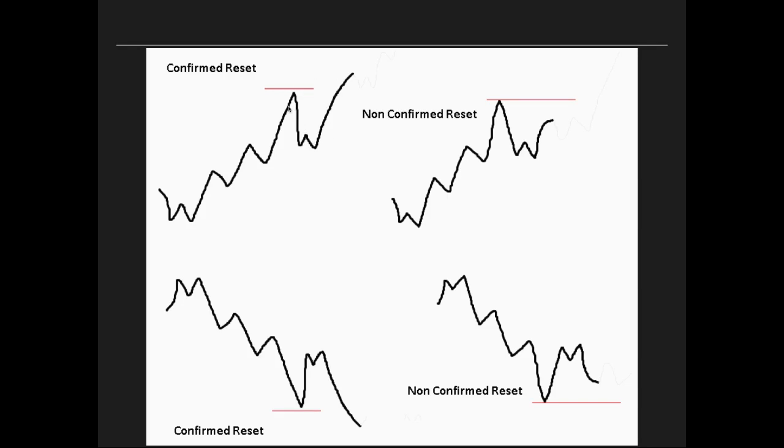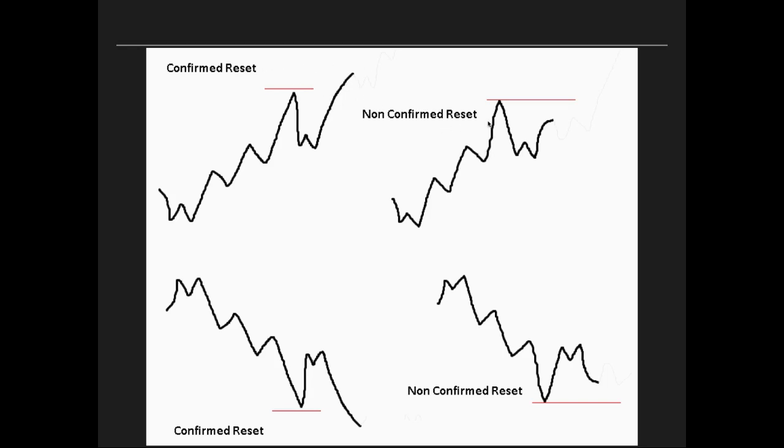There will be a little bit of a drop here where market makers book some profits, and then they continue up on that trend. The difference between a confirmed and a non-confirmed reset is how the market is structured: if you get a break above the level 3 area high and it stays above, then that means it's a confirmed reset.